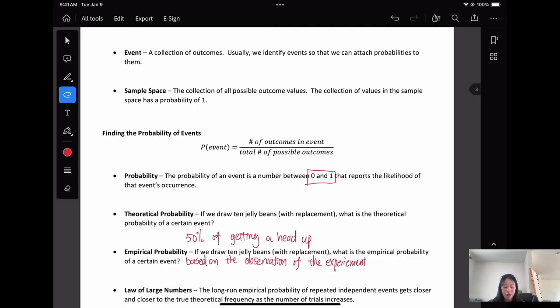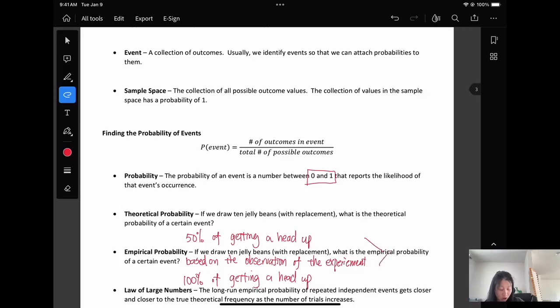So that means if we flip a coin and this time you get heads up, on theoretical probability you have 50%, right? But based on our observation, we got 100%. We only flipped it once and got heads up. So the empirical probability is 100% of getting heads up.